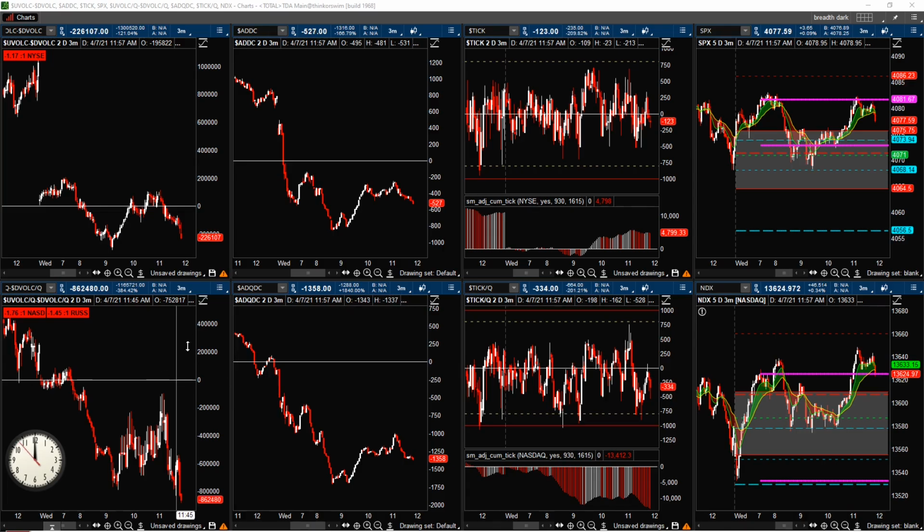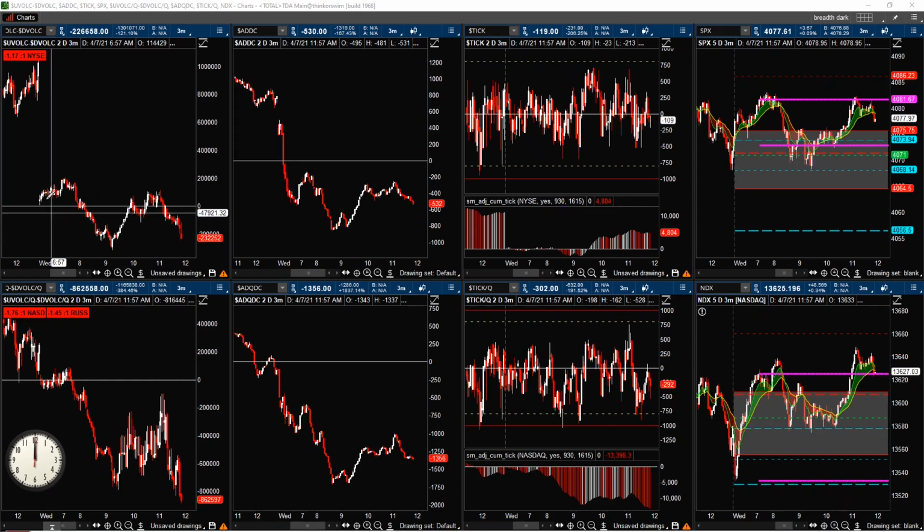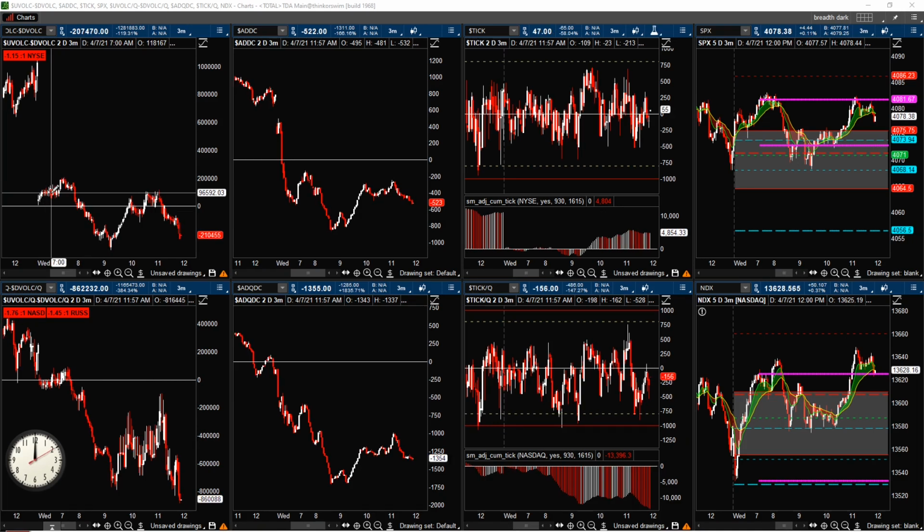Now let's take a look at this intraday chart. These are 3-minute time periods, so each one of these candles is 3 minutes. You can see the up-down volume here. The up volume opened near the neutral level at 0, came up to somewhere around 200,000, and then went down to negative. We don't really need to pay too much attention to the absolute number here.